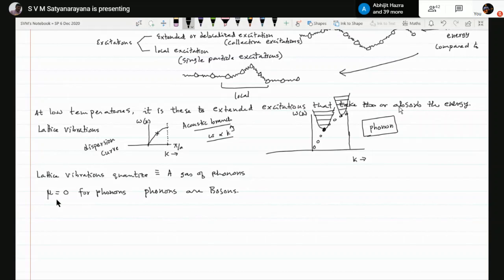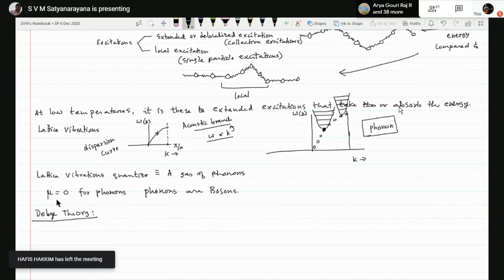So Debye theory has the following inputs. Let us look at Debye theory, not the way Debye has done it, but the way we would like to do it after having so much understanding of Bose-Einstein statistics and so on.